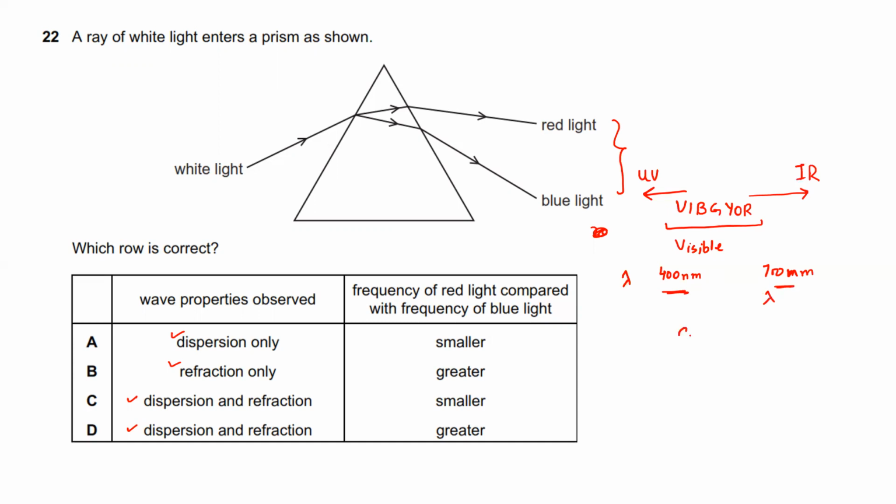This is lambda, and we know that c equals f lambda, and f is equal to c by lambda. So if lambda decreases, frequency increases. So f is more over here, and frequency is less over here compared to this. So the red light will have less frequency compared to the blue light. The frequency of red light compared to the frequency of blue light is smaller. So answer C will be our best choice.